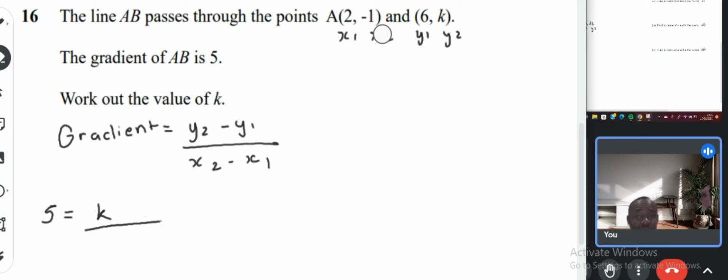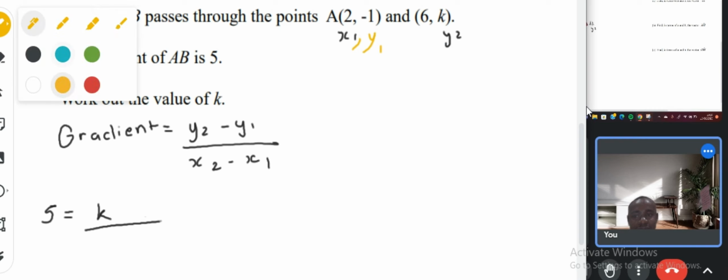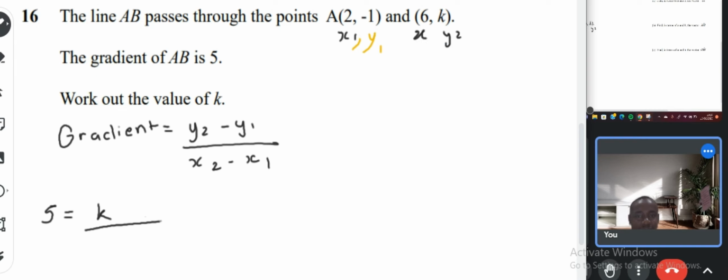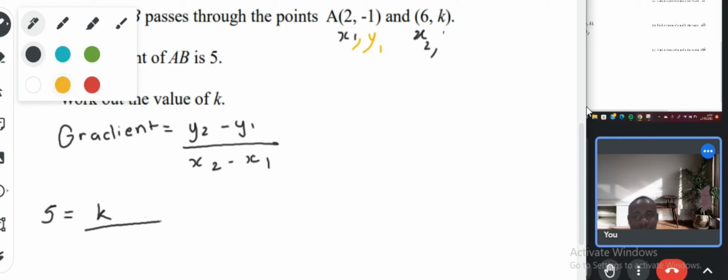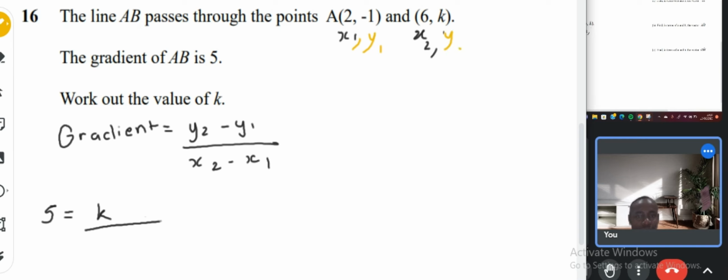So this is actually x1, y1, and the other one is x2, y2. So that's where the problem started from.